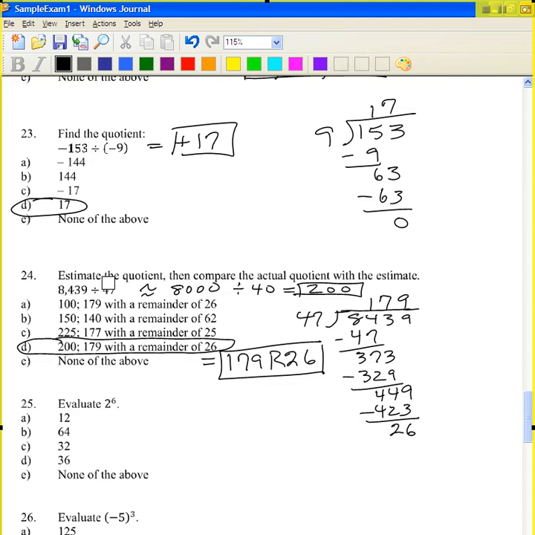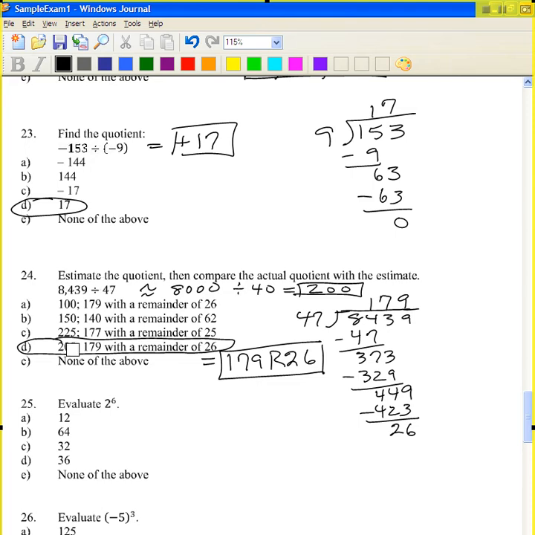So if you increase the numerator, you should increase the denominator, and vice versa. If you decrease the numerator, you should decrease the denominator. So if you pick the 50 here, then I would increase the 8,000, maybe to 9,000, maybe 10,000. Okay, so maybe actually you could say 9,000 divided by 50.